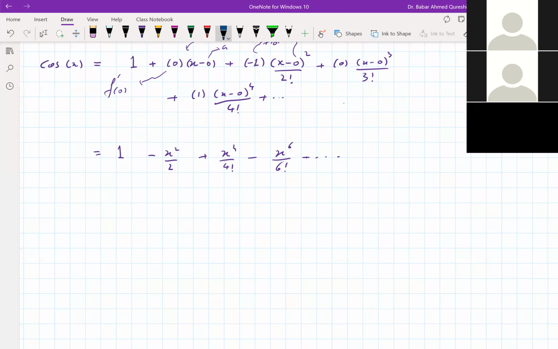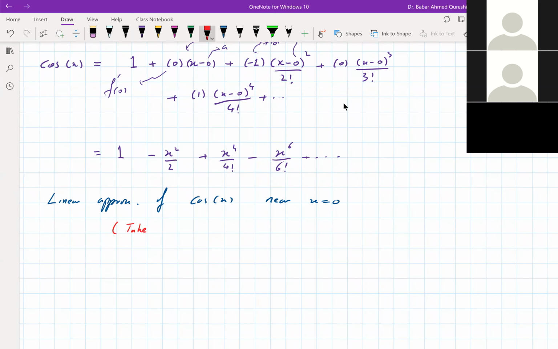So from this equation, you can say that the linear approximation of cosine of x near x is equal to 0 is that you only have to consider powers up to 1, up to first power.